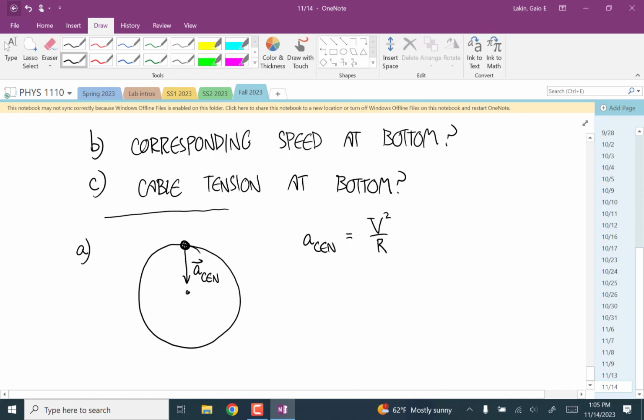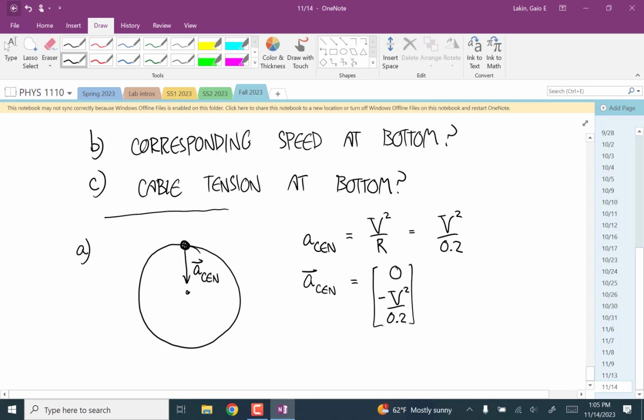Do we know what the radius of that circle is? 0.2, yep. So v squared over 0.2. And that's in the negative y direction, so the centripetal acceleration vector is 0, negative v squared over 0.2.